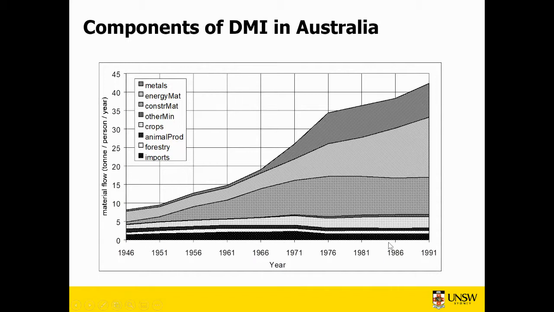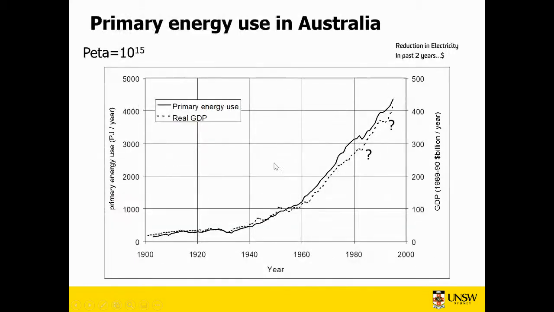We don't know what imports will be, they could be anything. But we can see a large increase of energy materials, which possibly is coal extraction, and a lot of construction materials too, which possibly was to accommodate an increase in population.